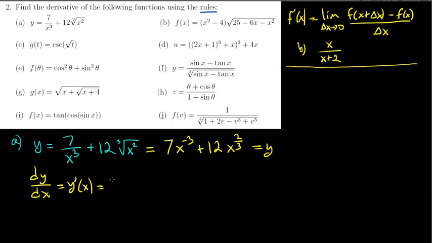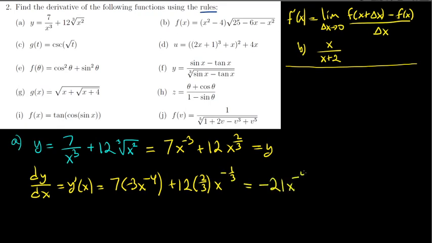So this is 7 times negative 3 x to the negative 4 plus 12 times 2/3 x to the, 2/3 minus 1 is negative 1/3. And then just to multiply all this out, we're going to get negative 21 x to the negative 4 plus 8 x to the negative 1/3.